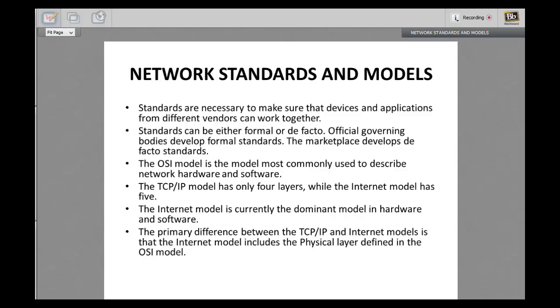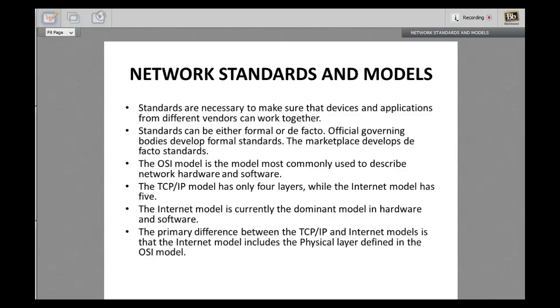The OSI model is the model most commonly used to describe network hardware and software. We have seen the 7 layers of the OSI model, in which the data should go through these layers until it reaches the destination. The equivalent to OSI is the TCP/IP model, which has only 4 layers.